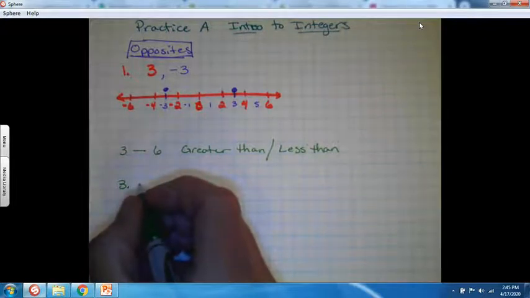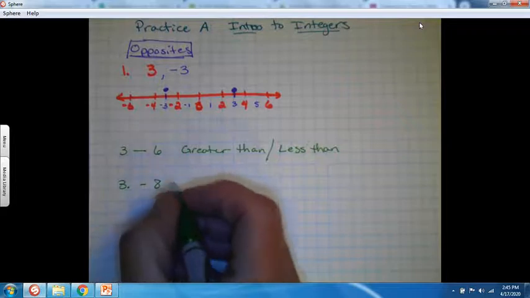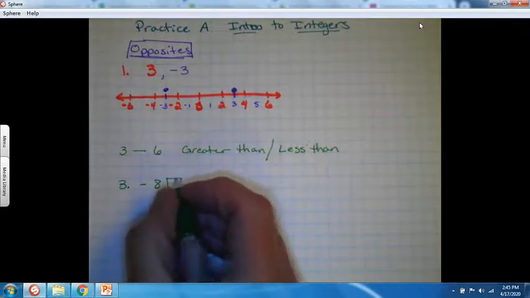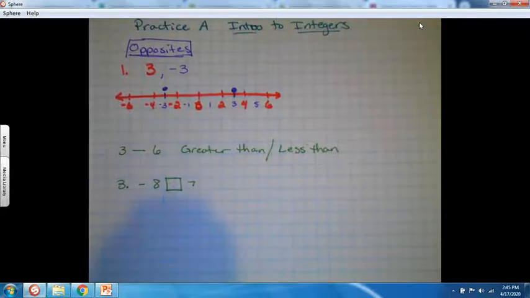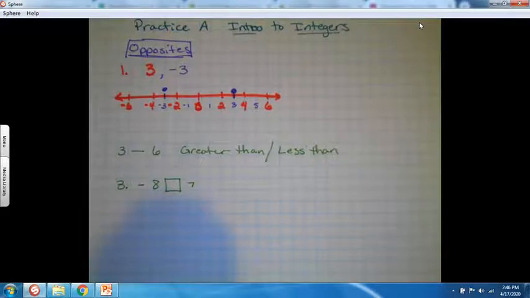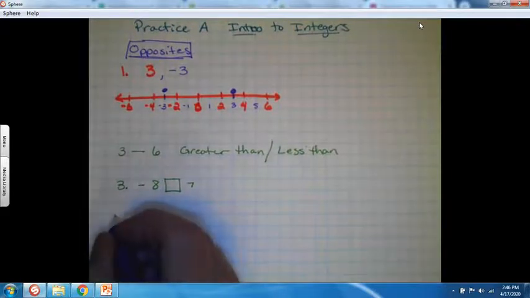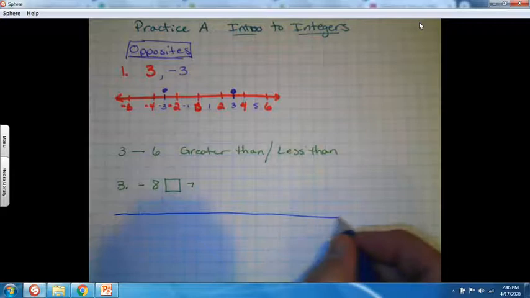They have -8 and a box, and then 7. And they also have a number line. You guys don't have to draw the number line because it's already on the worksheet, but I'm going to draw it here.